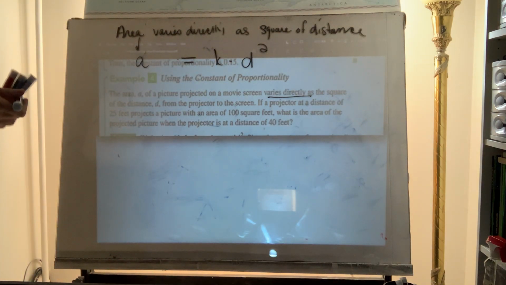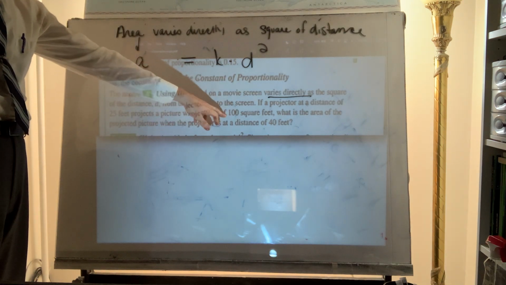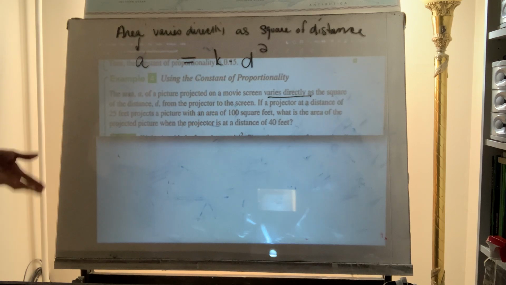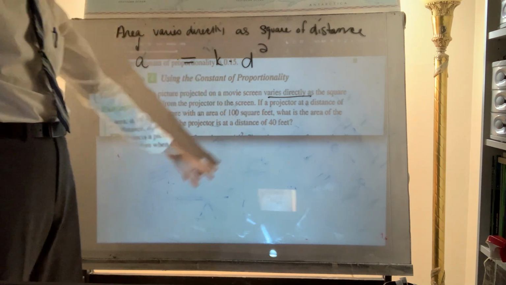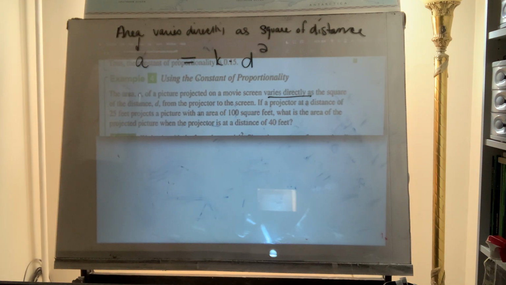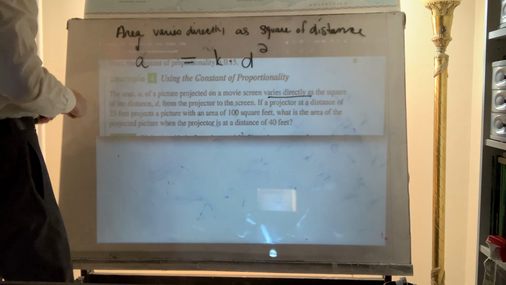All right. If a projector at a distance of 25 feet projects a picture with an area of 100 square feet, what is the area of the projected picture when the projector is at a distance of 40 feet? What this is asking us to do is basically two things. Plug in the values that are used here.